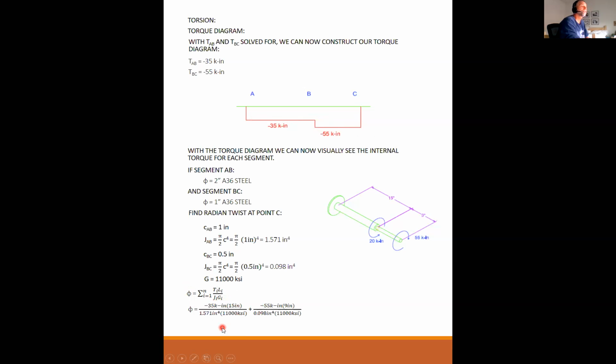So now my segment 2 is minus 55 kip inch times 9 inches over my pathetically small J of 0.098 inches to the 4th over 11,000 KSI. And my final answer is minus 0.4896 radians, which is actually something like 27 degrees. This thing really wants to turn when you put it on a 1-inch thick rod.